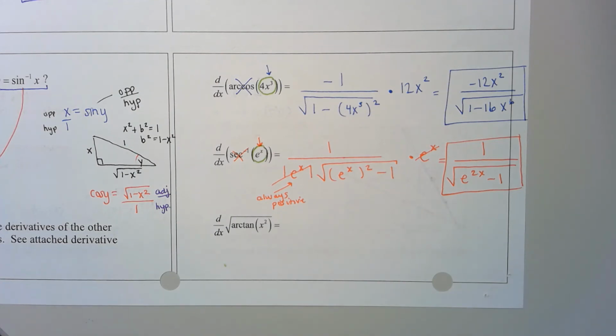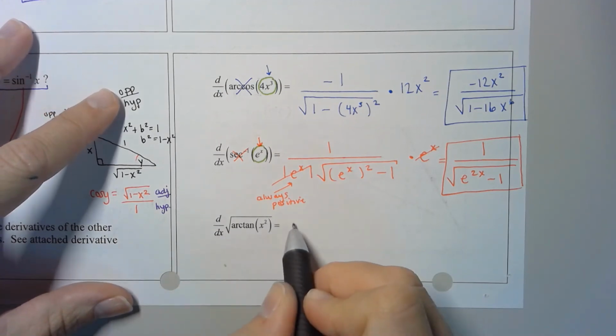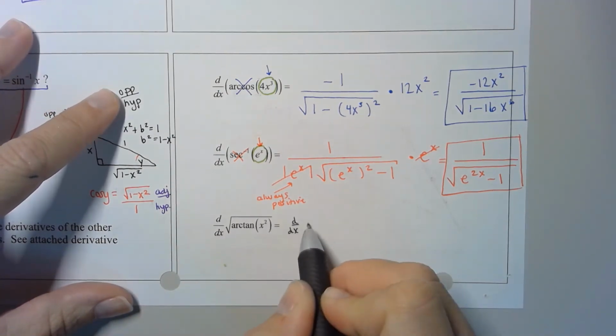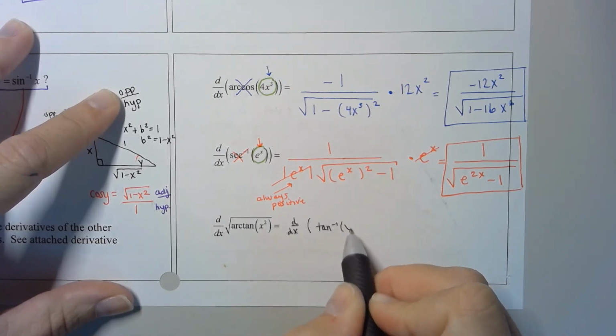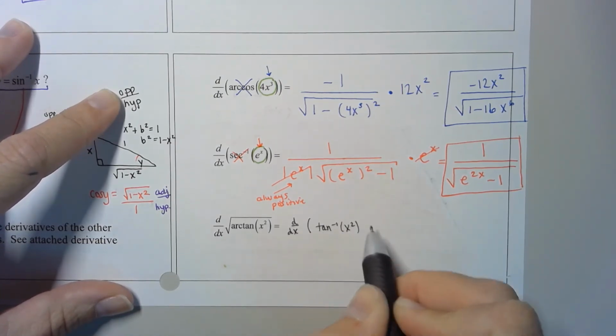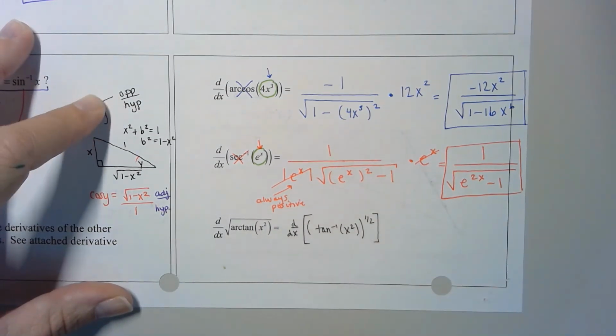All right, let's take a look at the last one. So we see our arctangent or our inverse tangent. However, it's inside a square root. So the first thing we're going to need to do is rewrite this as the inverse tangent of x squared to the 1/2.